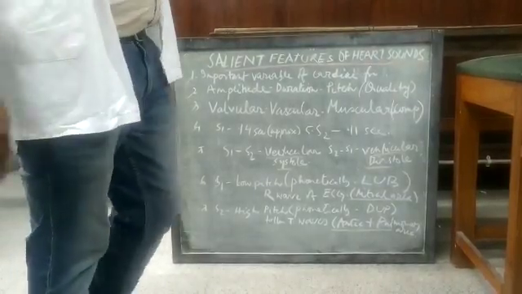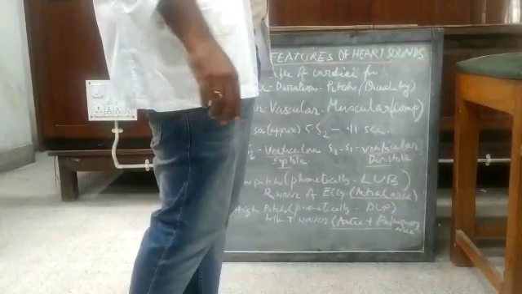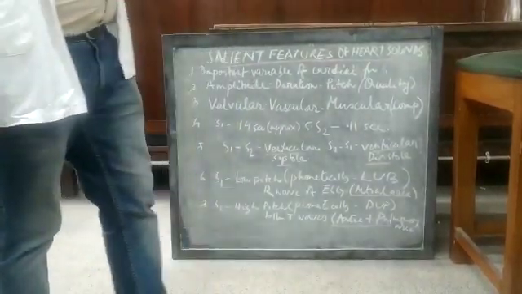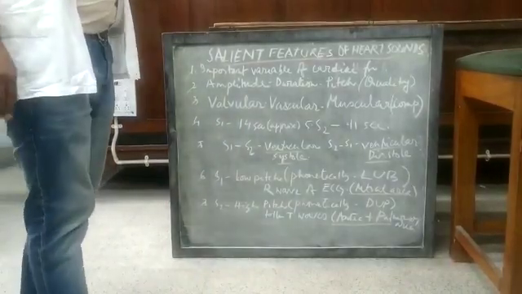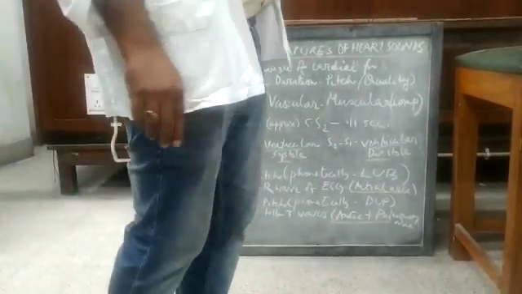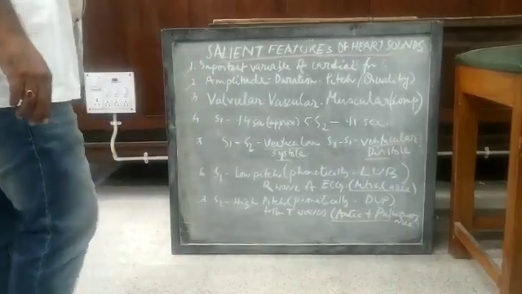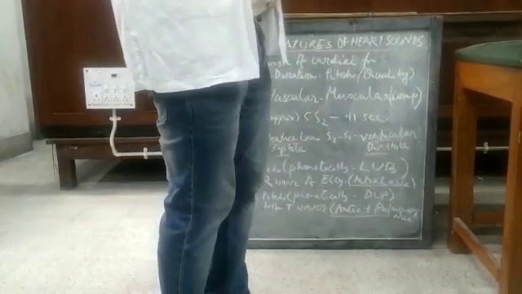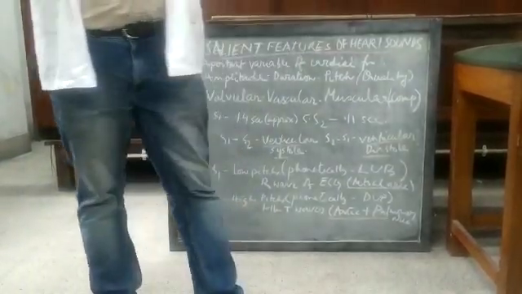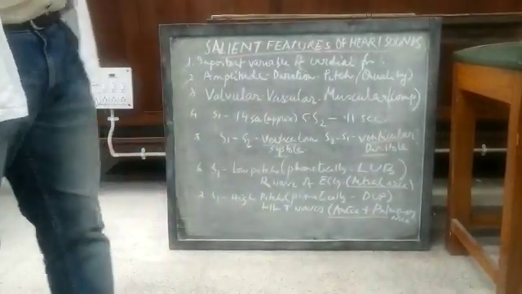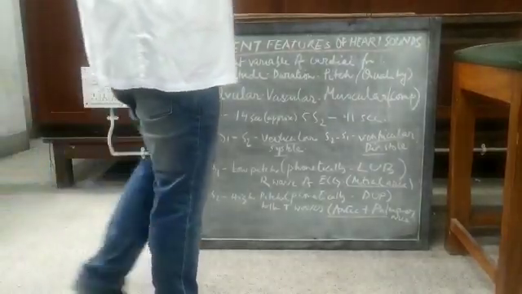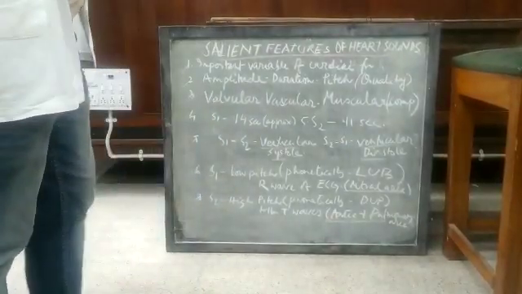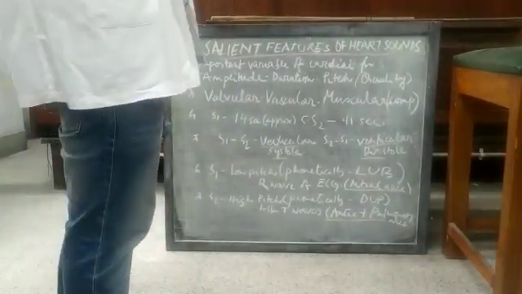S1 is concerned with the closure of the tricuspid and bicuspid valve, and S2 is concerned with the closure of the semilunar valves, that means the pulmonary and aortic valve. The gap between S1 and S2 is the ventricular systole, when the ventricle is contracting, and the gap between S2 and S1 is the ventricular diastole, when the ventricle is relaxing.